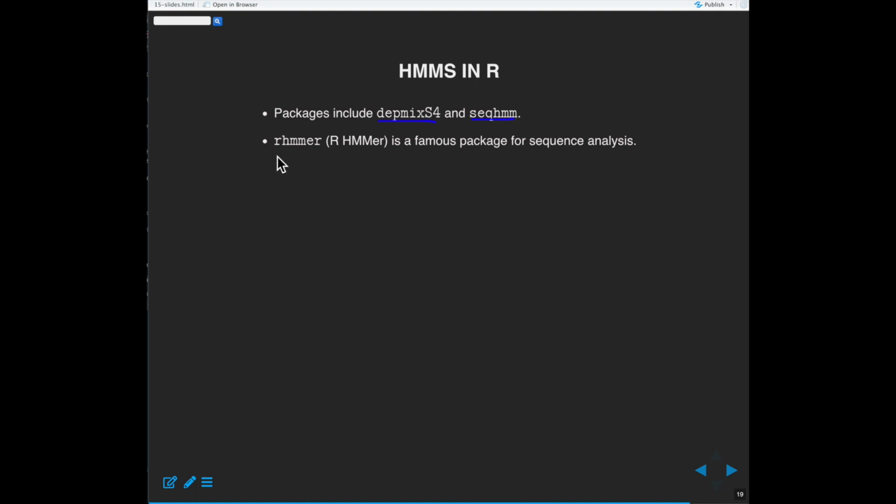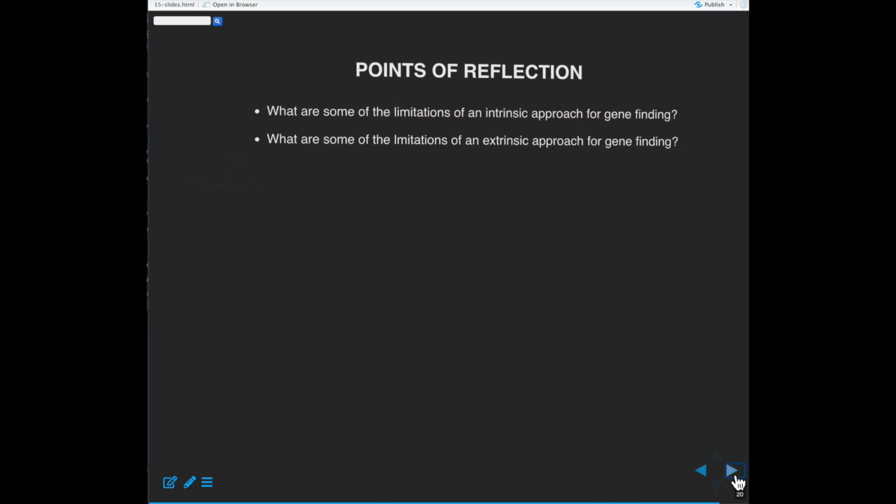I know more about HMMER, which is the bioinformatics computational biology software. There is an R package for it, so I think it's pretty easy to set up hidden Markov models really quickly. And right now you all have the capacity to do that yourselves. You have all the components. You would just need to look at the manual and try to massage your data into one of those frameworks.